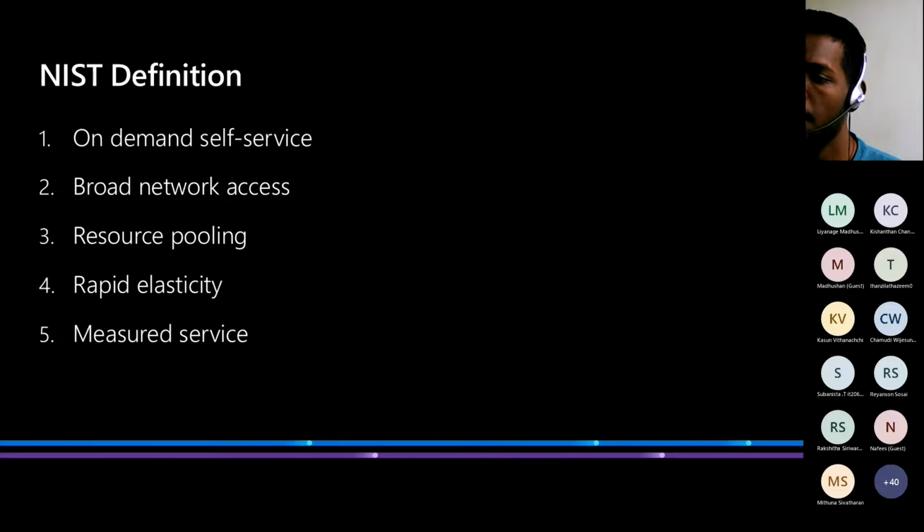And the resource pooling. Resource pooling means that resources are pooled across multiple customers. It reduces the cost for the cloud providers and the cloud customers. In the early days, we would purchase particular servers and host the web ourselves, right?